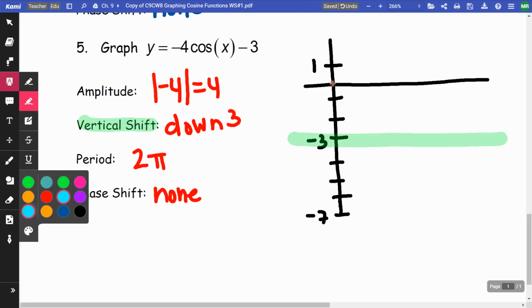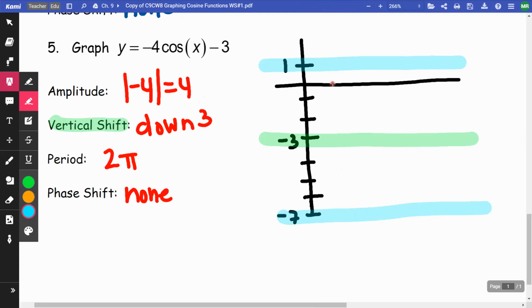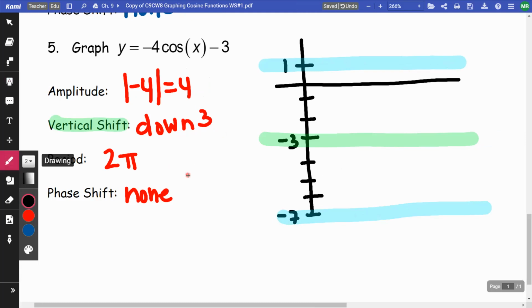So my high in this case is going to be all the way up here at 1, and low is going to be down here at -7. This is still just going from 0 to 2 pi.